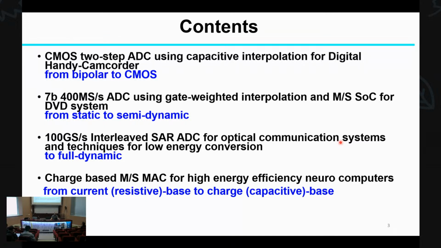And lastly, I would like to introduce my recent work, such as charge-based mixed-signal MAC circuits for high energy efficiency and neural computers. In a technical aspect, this is a change from current-based or resistor-based circuits to charge or capacitive-based circuits.